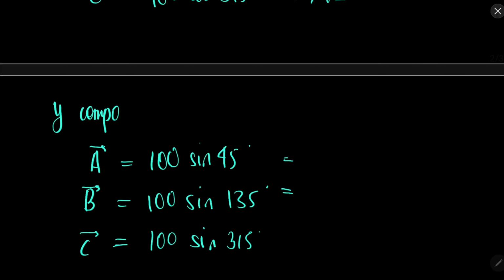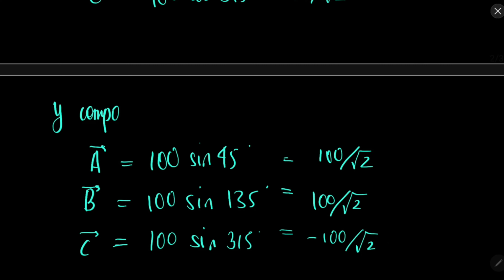So they will give us 100 by root 2, 100 by root 2 and minus 100 by root 2. These are the values of different angles.